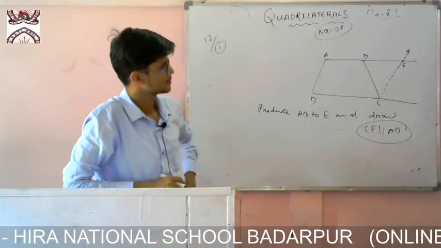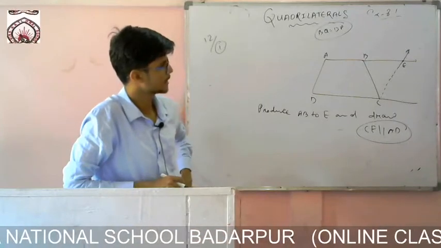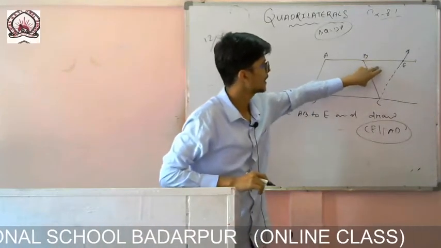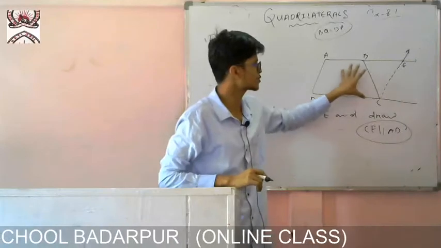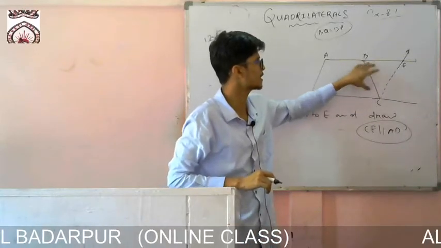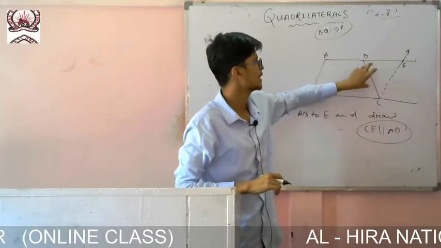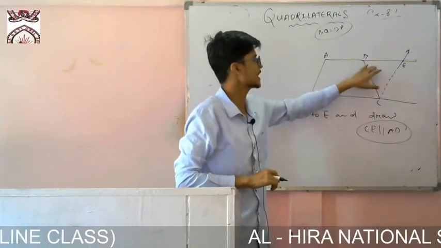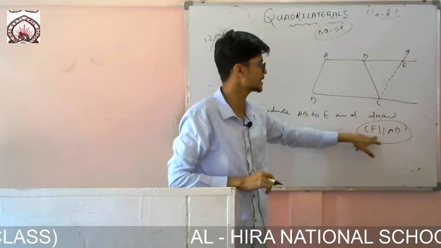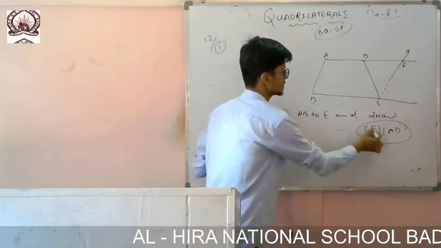Let me explain what you can do. After showing that this is a parallelogram, first of all, this whole line is parallel to this whole line, and by construction CE is parallel to AD.